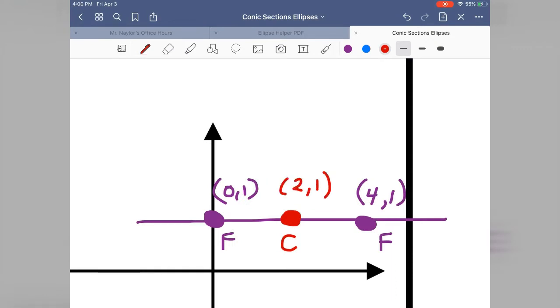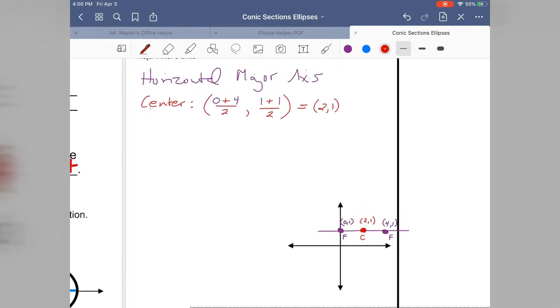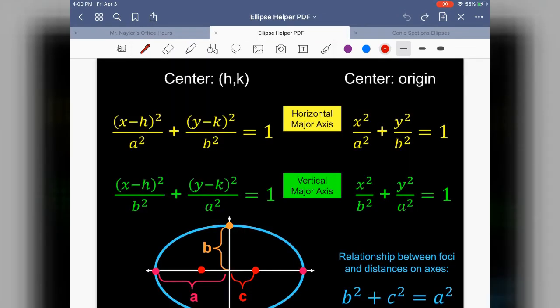Now, at some point, you're going to come to the realization that you have to fill into this horizontal formula. And to fill into that, there are some things that are always true. Like there's always a plus sign, and it's always equal to 1. And really, you just need to find a and b.